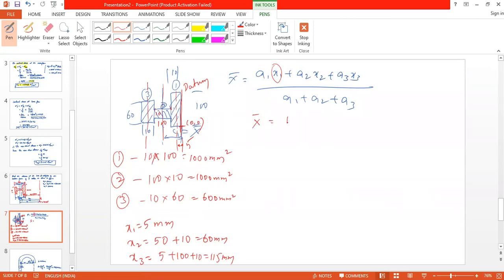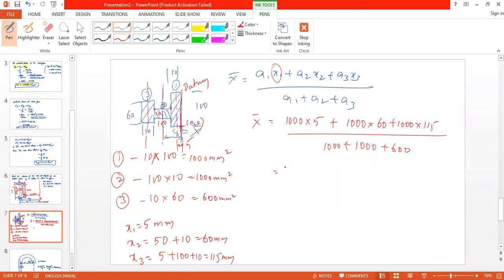So x bar is 1000 into 5 plus 1000 into 60 plus 1000 into 115 divided by 1000 plus 1000 plus 600.